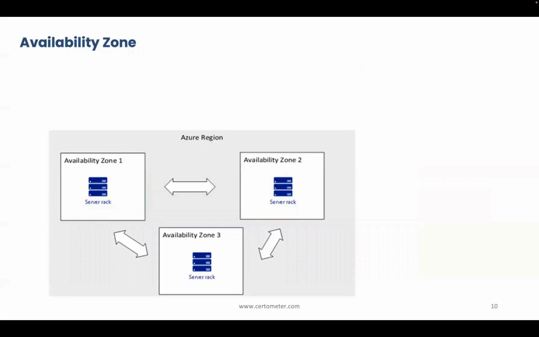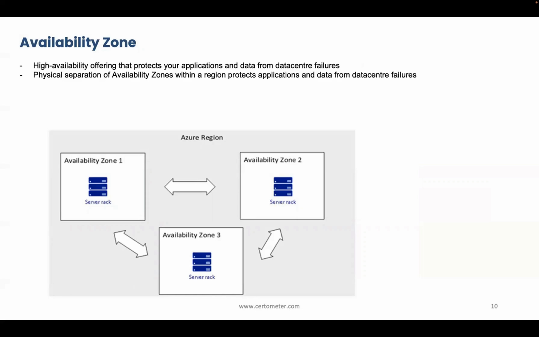Now Azure availability zone is a high availability offering that protects your application and data from any data center failures. These availability zones are unique physical locations within an Azure region. Each zone is made up of one or more data centers equipped with independent power, cooling, and networking.